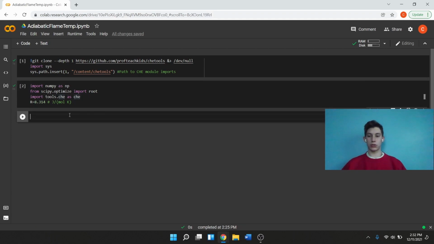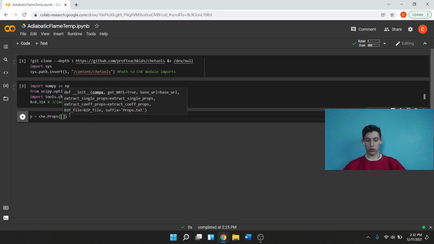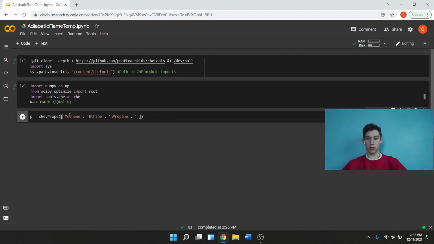So first we're going to establish what compounds we're going to use, and we can do this by saying this. So first we're going to say methane, ethane, propane, and then our air, which is oxygen and nitrogen.